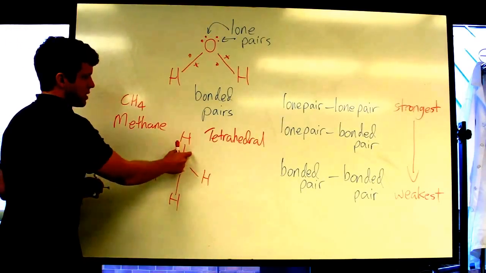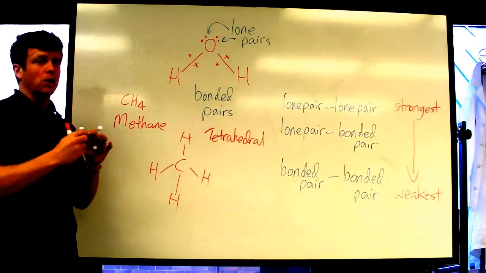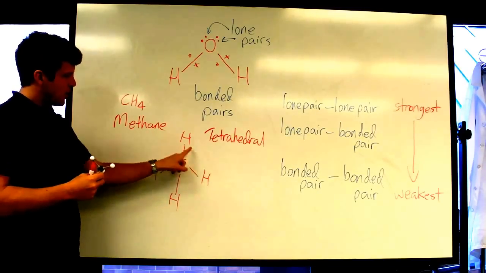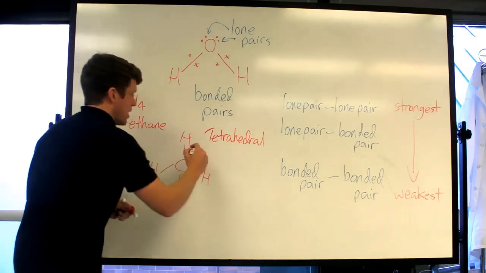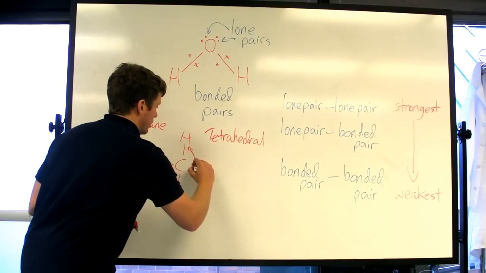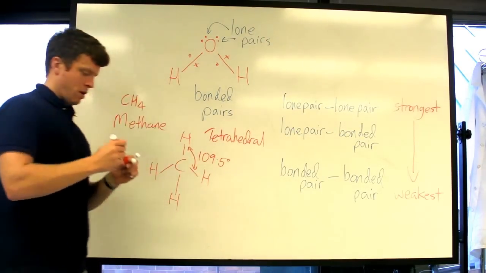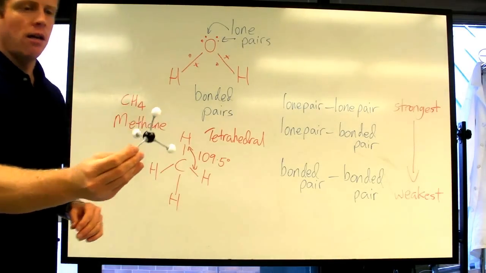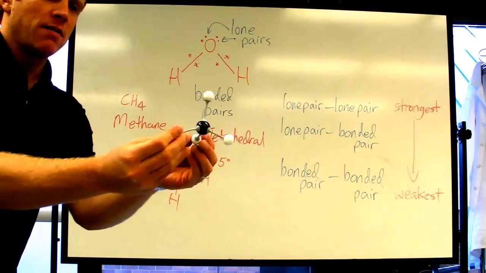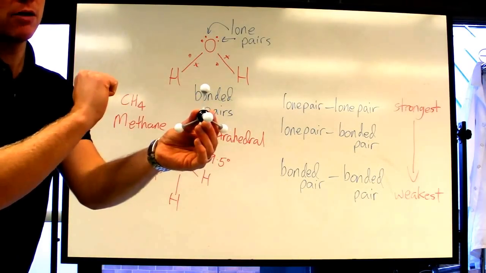So rather than these pairs of electrons breaking off, for it to stay as one molecule, these have a certain angle, a certain amount of space between them, and that would actually be 109.5 degrees. So this is actually a representation of methane. You see that these angles are slightly bigger than 90 degrees.